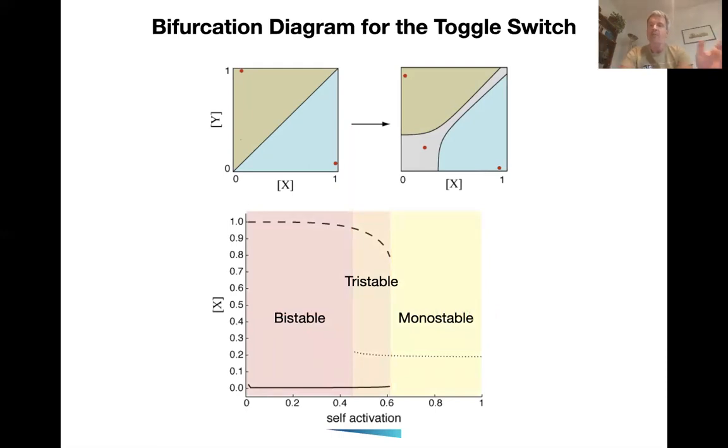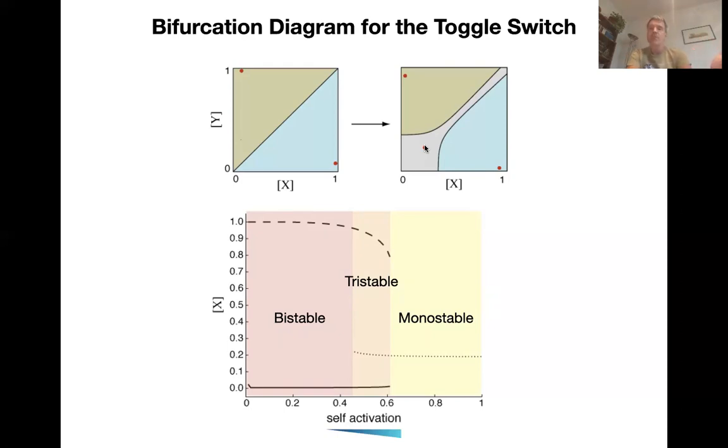One, bistable, that's the typical switch behavior. That's what we expect. In between here, a tristable state where you have an additional attractor in the middle, and then a yellow monostable region where you only have this attractor, and both factors persist at equal concentrations. So the switch no longer switches in this regime.